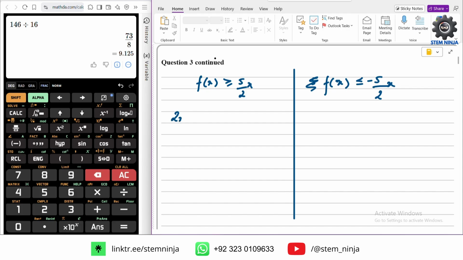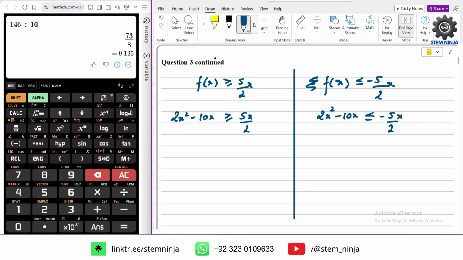You have 2x squared minus 10x greater than or equal to 5x over 2, and you have 2x squared minus 10x less than or equal to minus 5 over 2x. Now the process for solving them would be almost identical. We multiply both sides by 2.